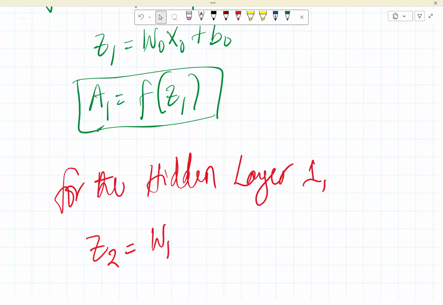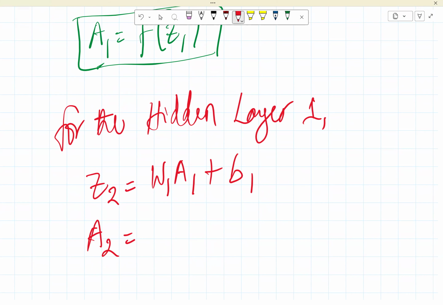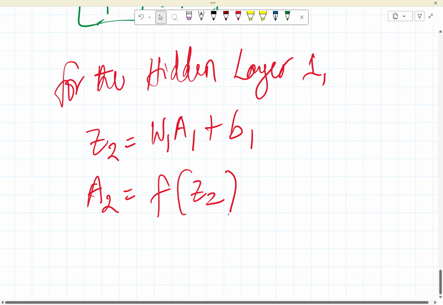So we have W1 together with A1, because A1 is what we have, plus another bias, B1. Then we have A2, the next activation, maybe the same or a different one depending on what we are interested in, and that will be f of Z2. So that's for hidden layer one.